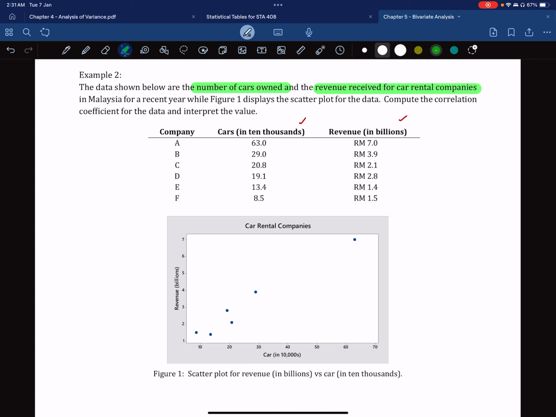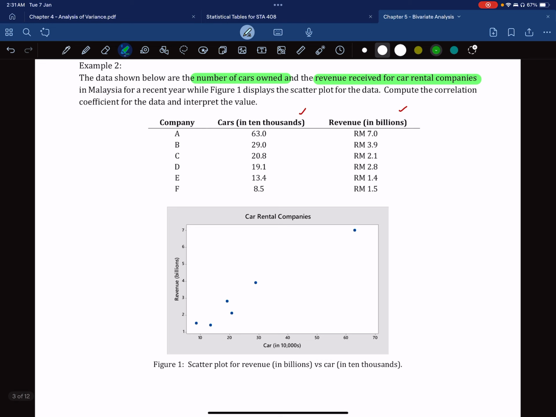When you do the scatter plot, a scatter plot is actually a graph. Commonly we put X as your IV and Y as your DV. This scatter plot consists of pairs, and when you plot these pairs you get this particular scatter plot, which can explain the relationship between your variables.